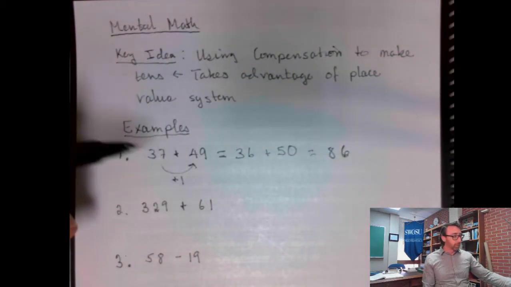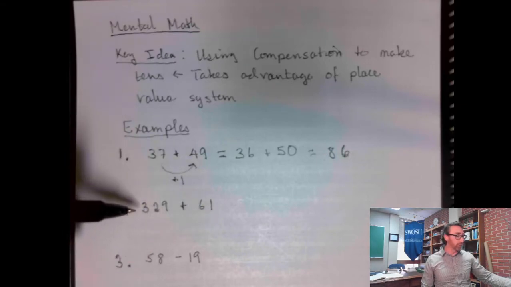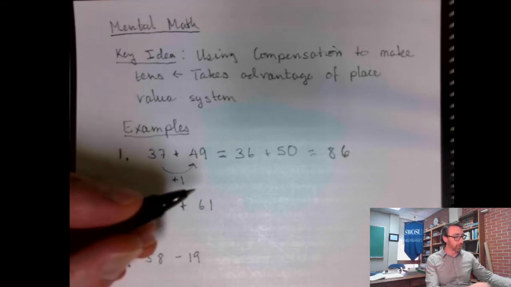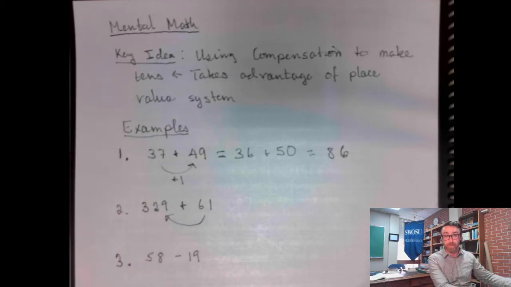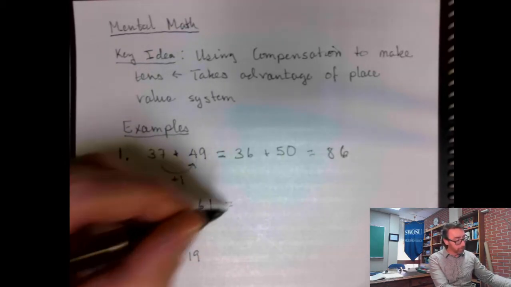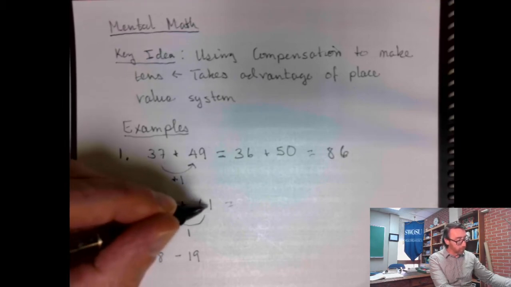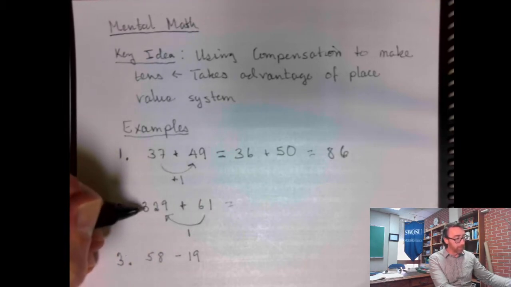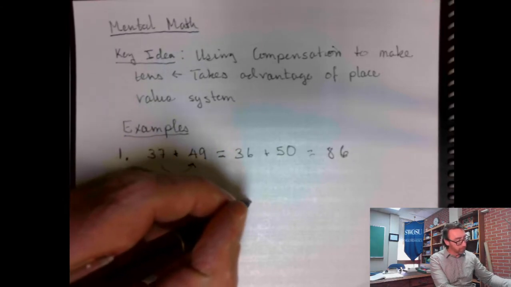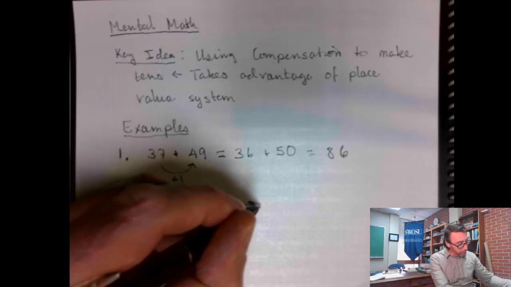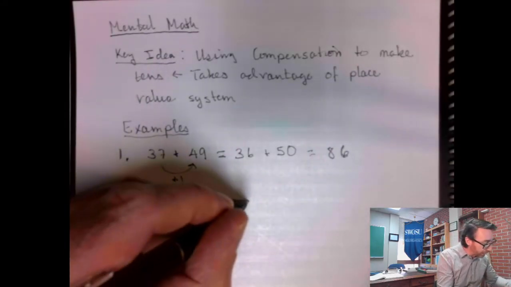Here we might say this is pretty close to 60. Let's take 1 away from this and put it over there. That makes this 330, that makes this 60. So what do we get? We get 390 as a result.